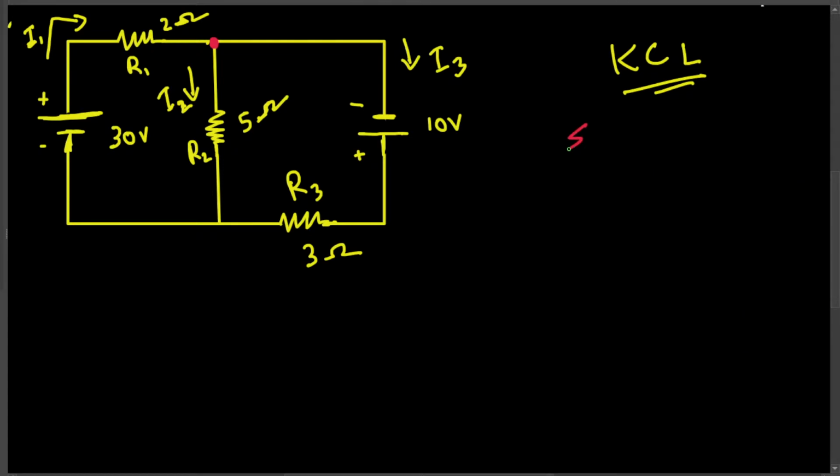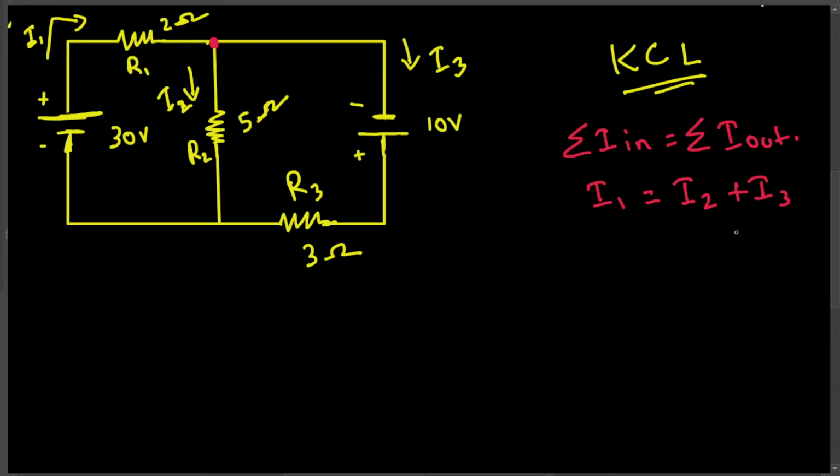KCL: sum of I in is equivalent to sum of I out. So what are the currents that are entering this node? I1 is entering, so I put I1 right here, and then I2 is exiting, so I put I2 in the other side, and then we have I3 also exiting this node, so I put I3 also in this side.